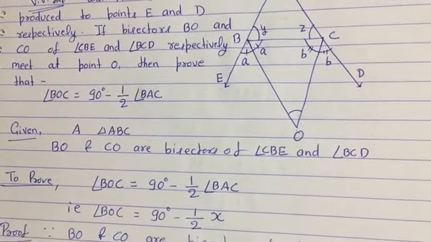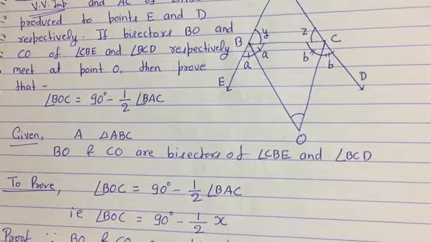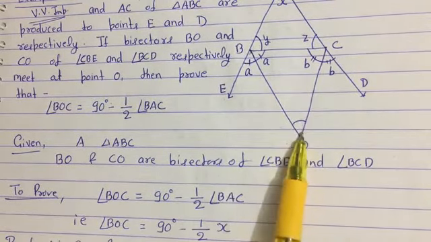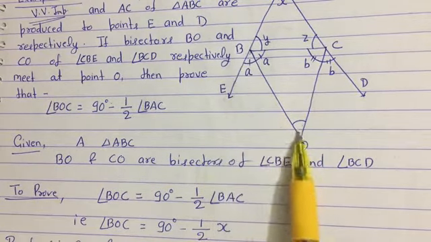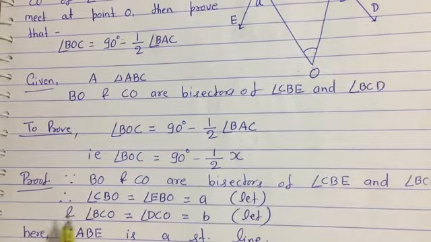Now we are going to the proving part. First of all, because BO and CO are bisectors, we are going to start from here. Okay. Look here.